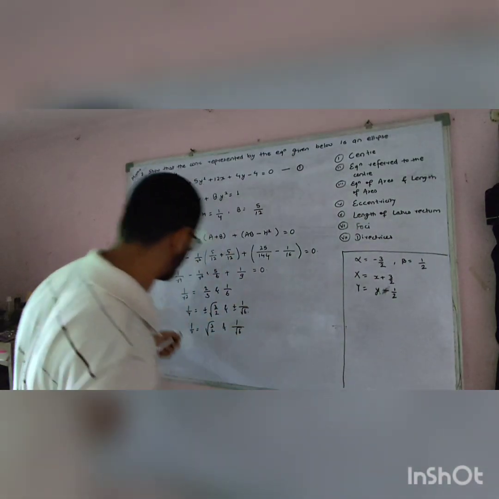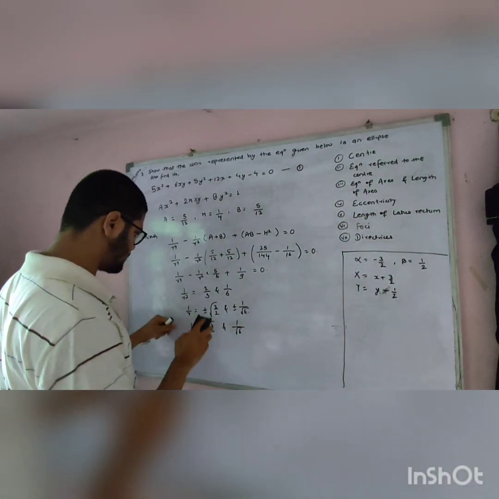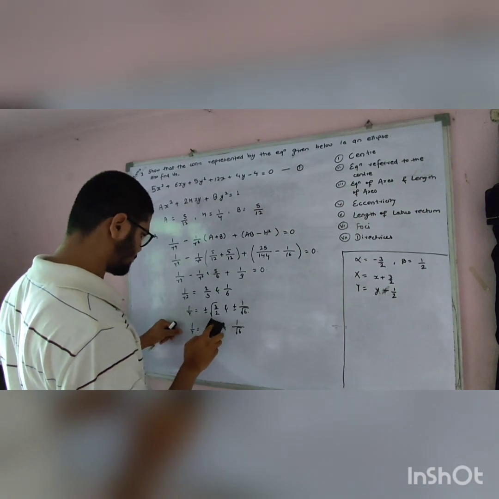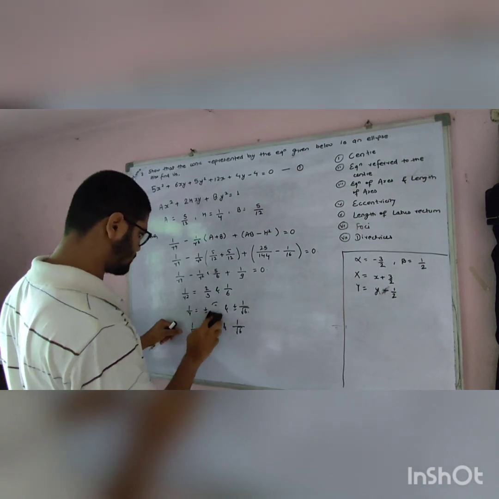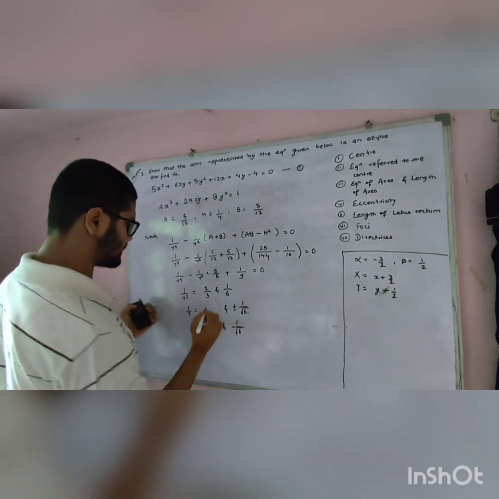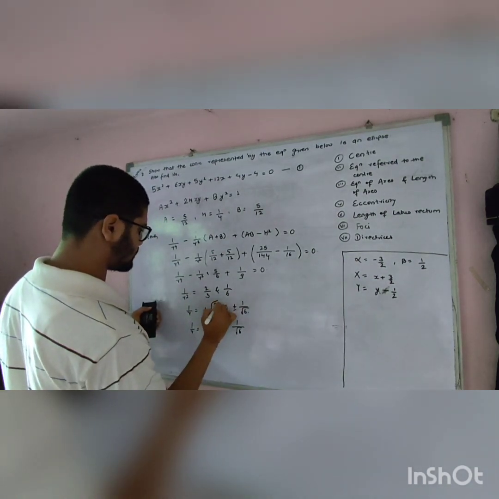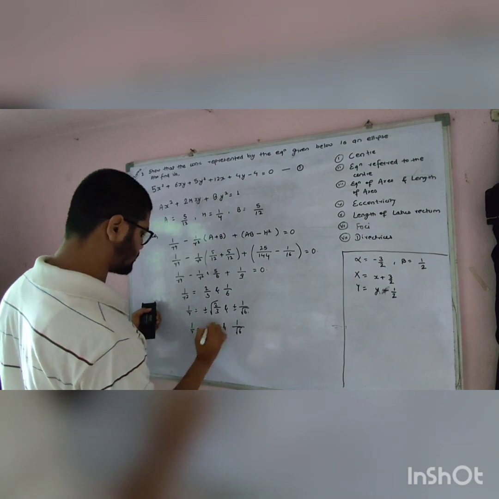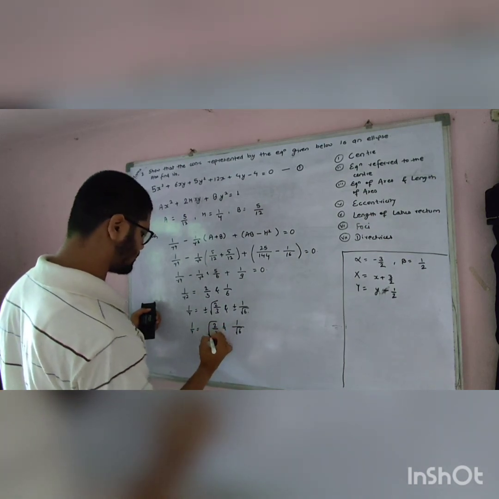I have made a little mistake here. This is 2 by 3. This is root under 2 by 3.